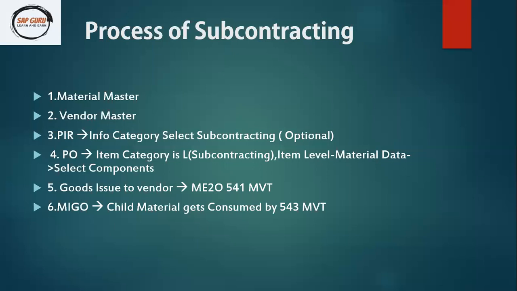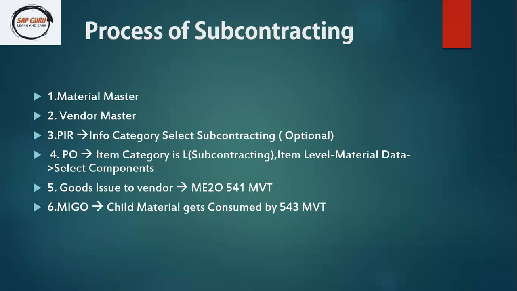Then we'll receive the goods through the MIGO transaction. The child material which we have supplied, we are not going to get the same material back; we are going to get a different product. We will receive that through MIGO. There will be two movement types: one is for receiving the final goods, which is 101, and whatever goods we supplied with 541 will be nullified with movement type 543. So this is the complete subcontracting business process.